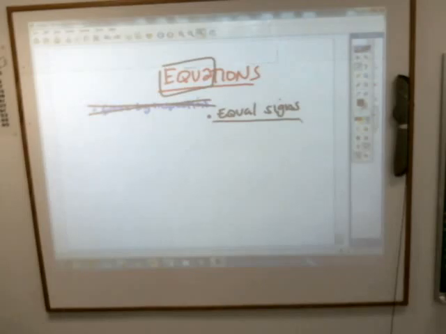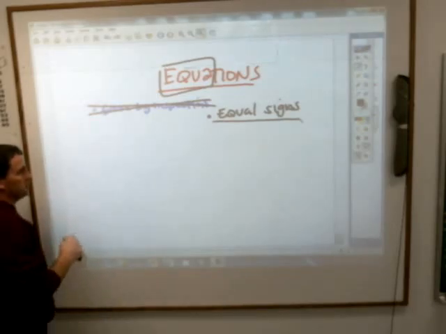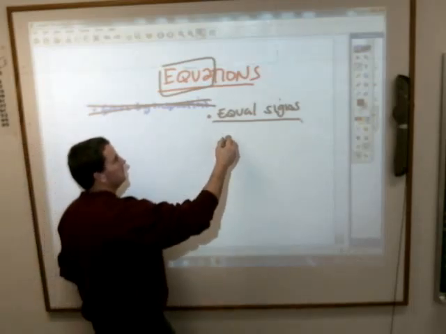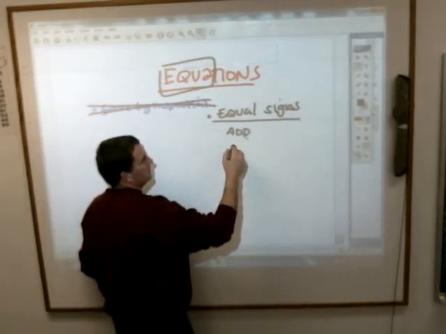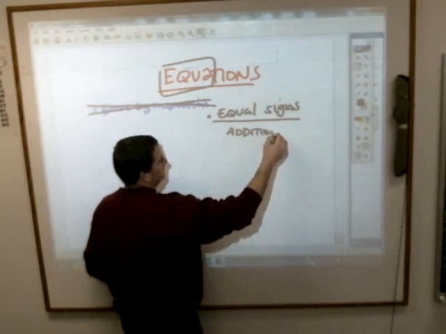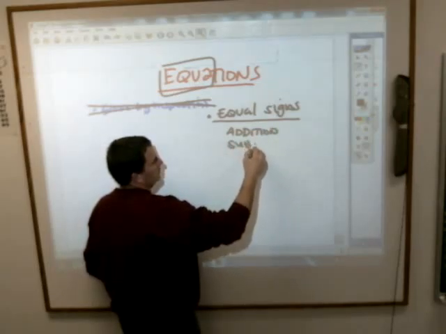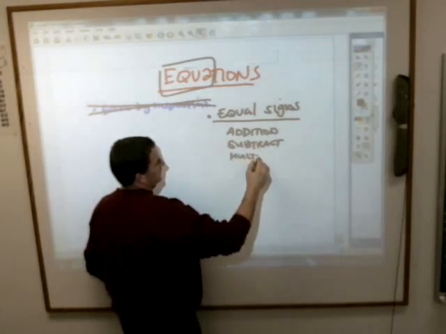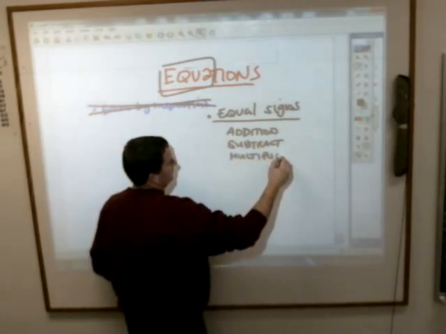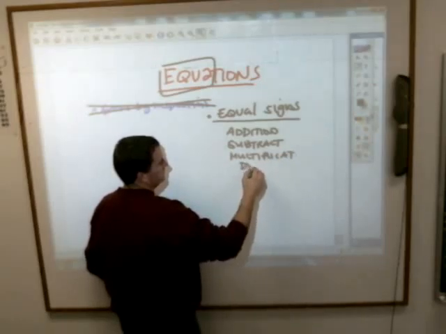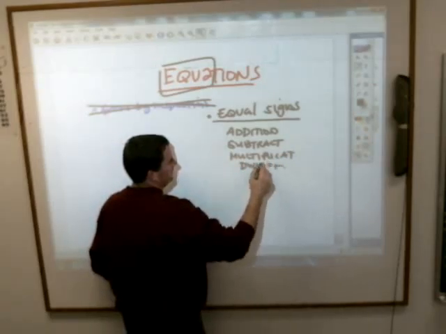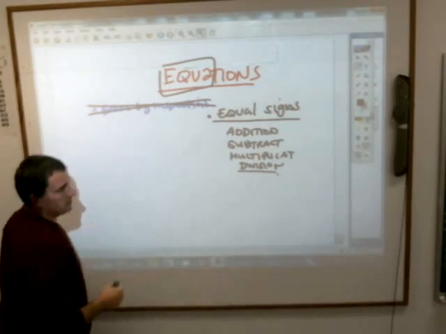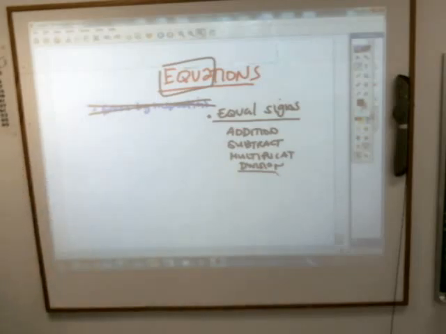And there are only, children, only 4 different types in a mixture of those. You can either have an addition equation, you can have a subtraction one, you can have a multiplication one, and you can have a division one. Although we don't see division quite in the way that we think about it as much as you might think.